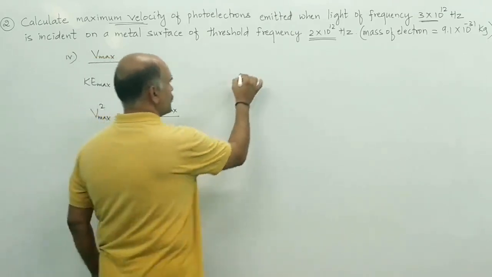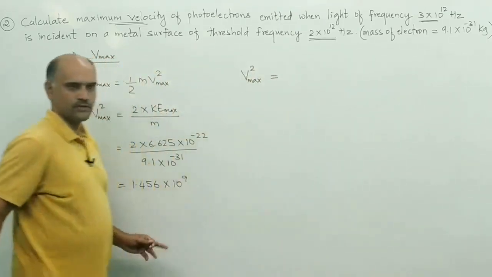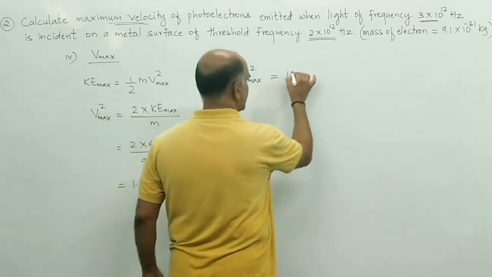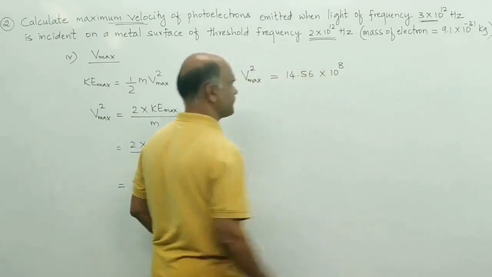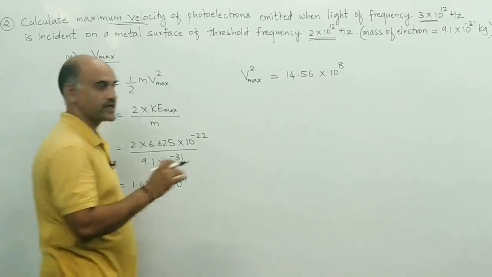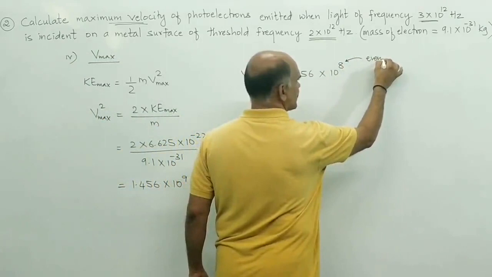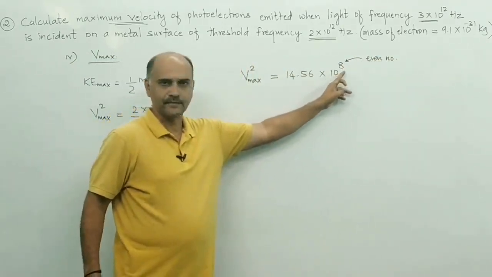So I will have Vmax square equal to, if I multiply 10 to this, 14.56 into 10 raised to 8. Always remember that while taking square root, this power of 10 should always be an even number.